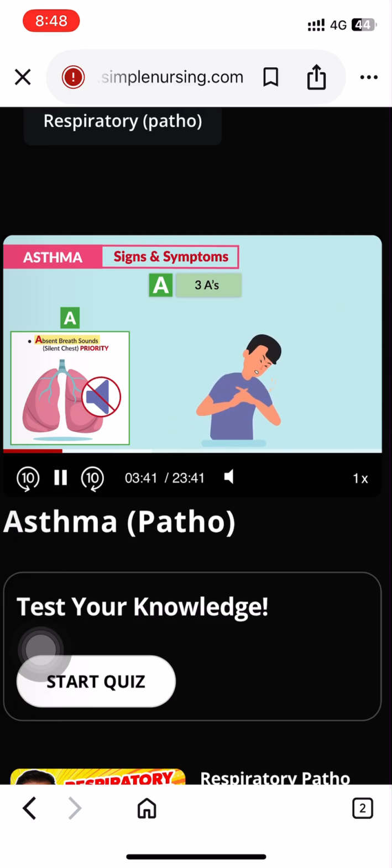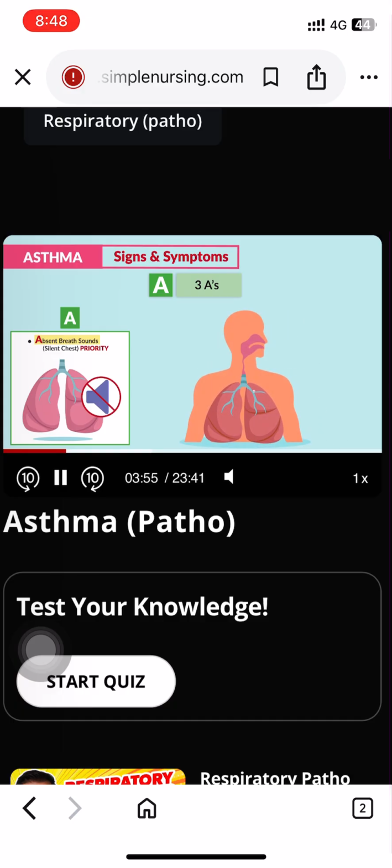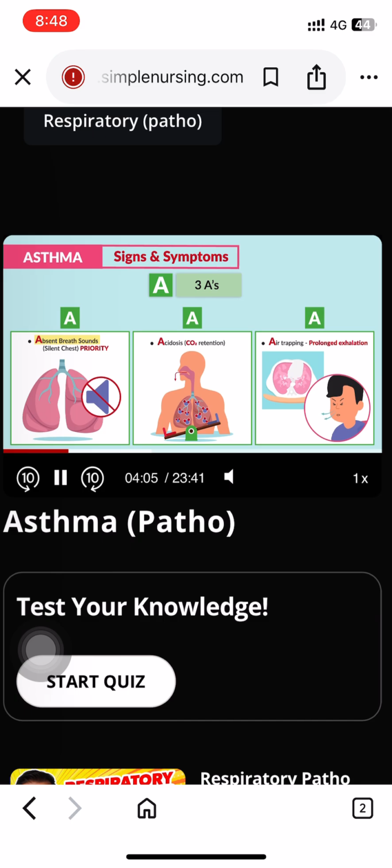On exams and the boards, if your patient suddenly stops wheezing during an asthma attack, this is not a good sign. The NCLEX will not suddenly cure your patient for you, so exams won't give you a cured patient. This typically means that the lungs are puffed up so much and get so tight that it completely cuts off all oxygen and airflow, leading to the last 2 A's here.